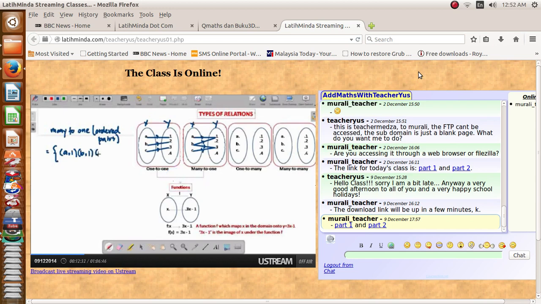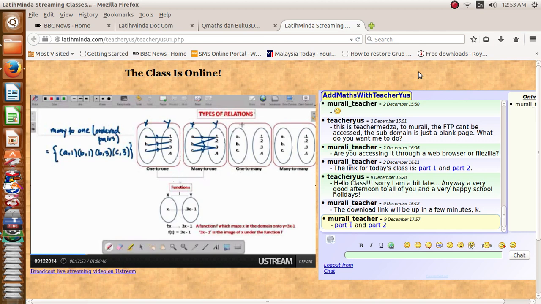At the same time, B also goes to 3, many to 1, and C goes to 3. It can be like that. So actually there is only one image, but you can have multiple objects going to the same image.